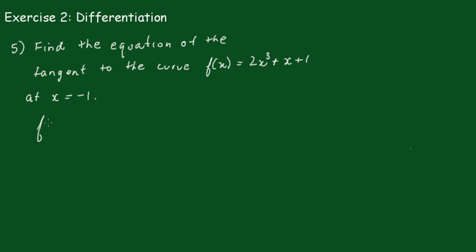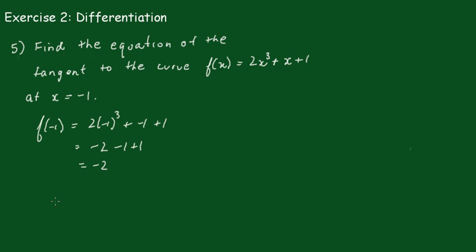So I'll put that in, f(-1) equals, now be careful with this negative sign, 2(-1) cubed plus (-1) plus 1. Now that's going to give me, minus 1 cubed is minus 1, times 2 is minus 2, minus 1 plus 1, so the answer is just negative 2.